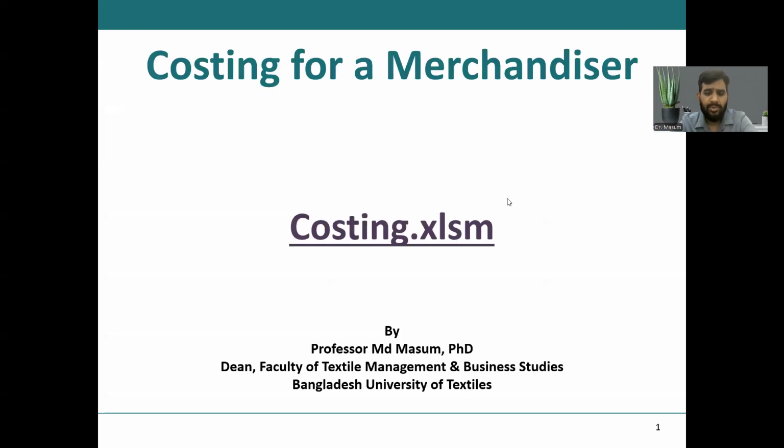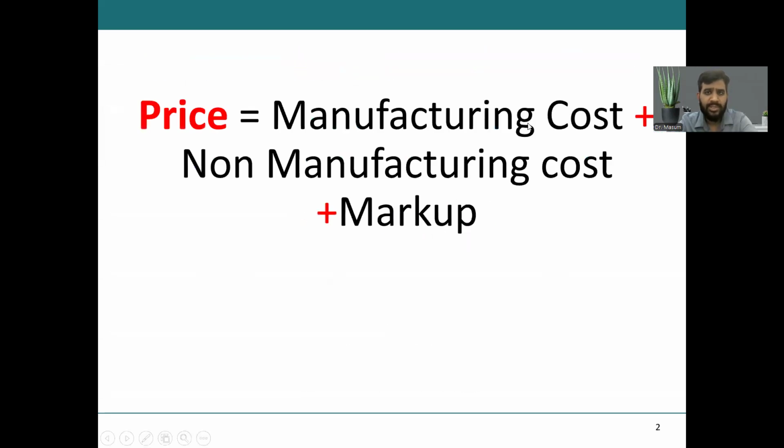Number one is manufacturing cost, number two is non-manufacturing cost, and number three is markup. So what is manufacturing cost in the literature that is aligned with the principles of accounting? There are three components of manufacturing cost: direct material cost, direct labor cost, and manufacturing overhead.